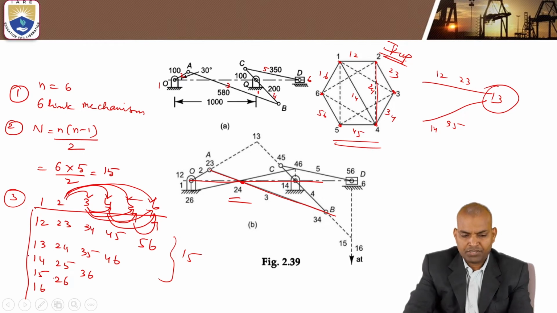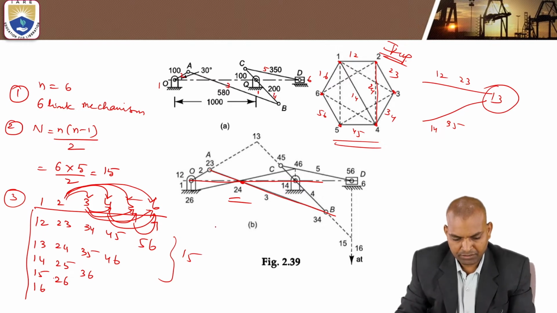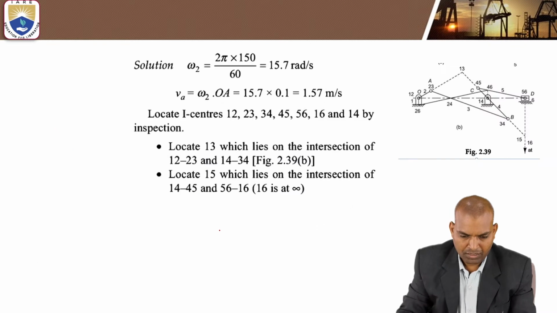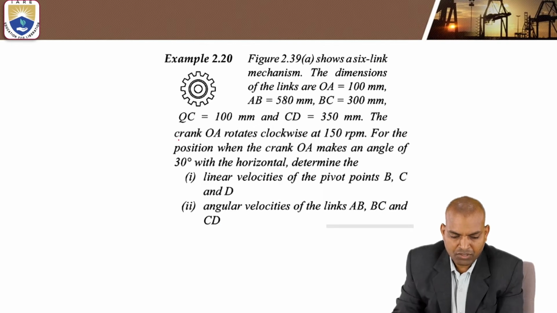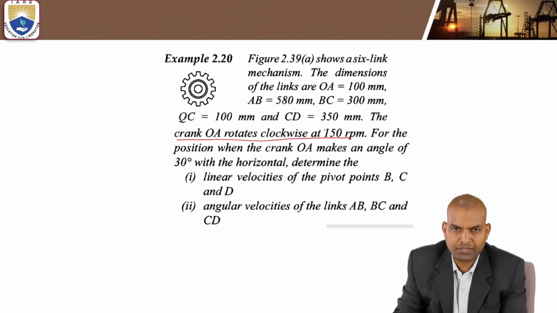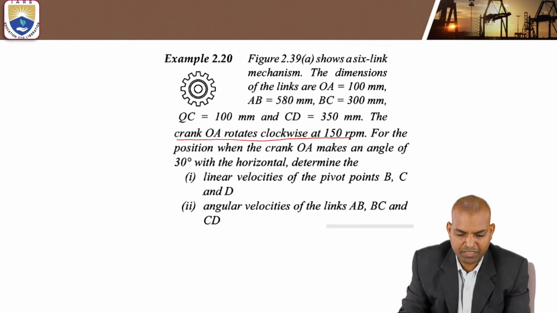After this location, what is given in the data? The crank OA rotates clockwise at 150 revolutions per minute.